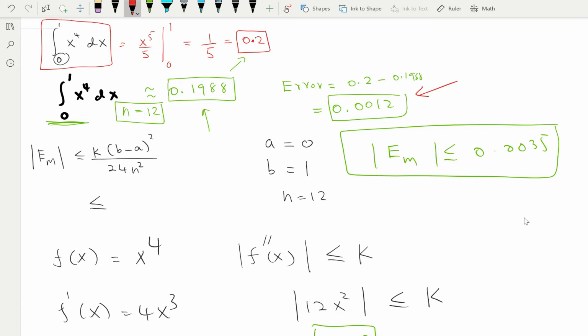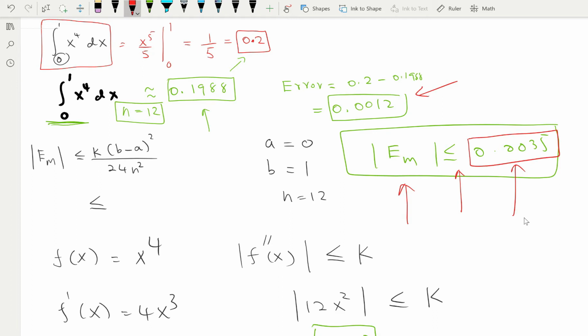No, don't expect that. The error bound formula does not give you the actual error. It's a prediction. How we read the error bound formula is that it says your error is guaranteed to be less than 0.0035. So this is the worst case scenario, the worst error.